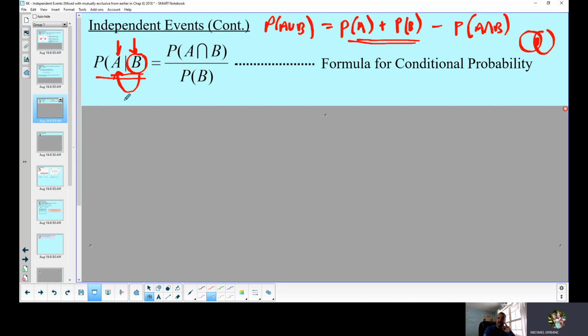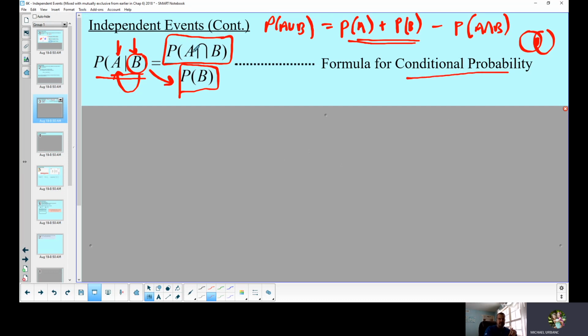What's now the probability of A occurring? And the formula I gave you was the probability of A given B is the probability of A intersecting B, so basically the probability of both of those events occurring at the same time, divided by the probability of the given. And that is the formula for conditional probability.